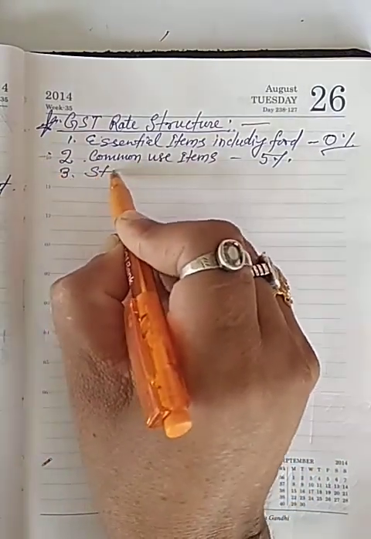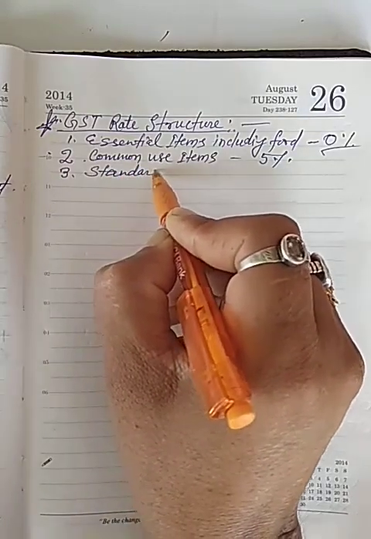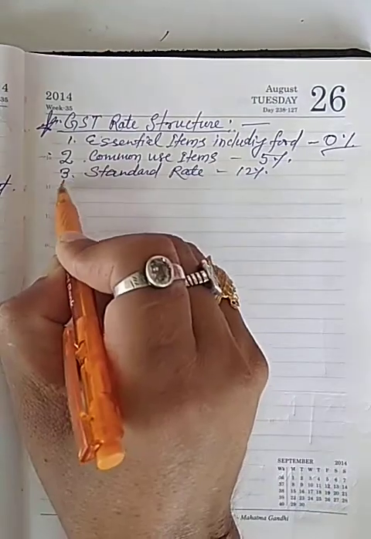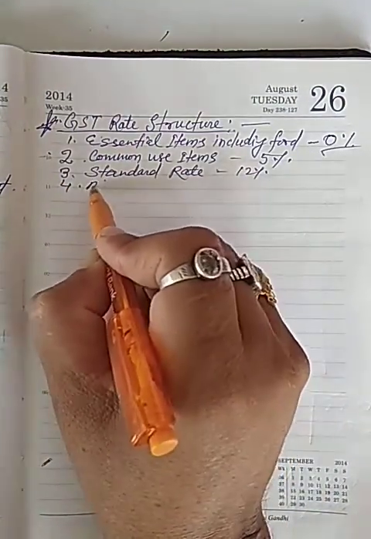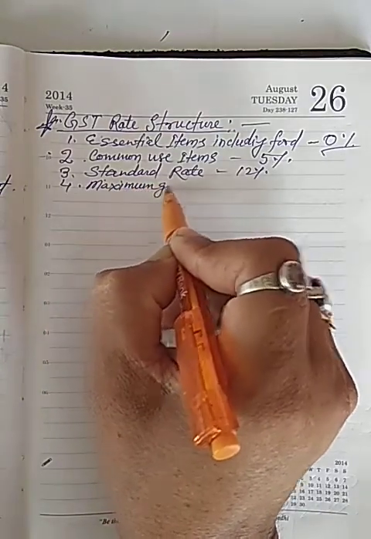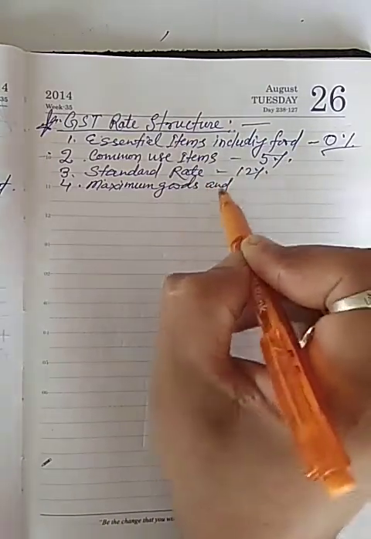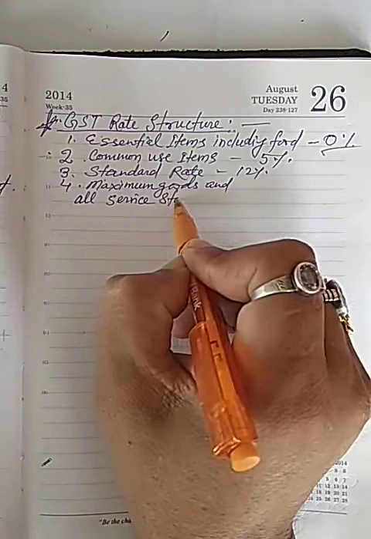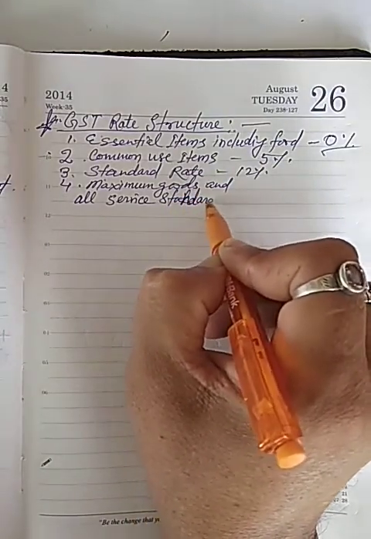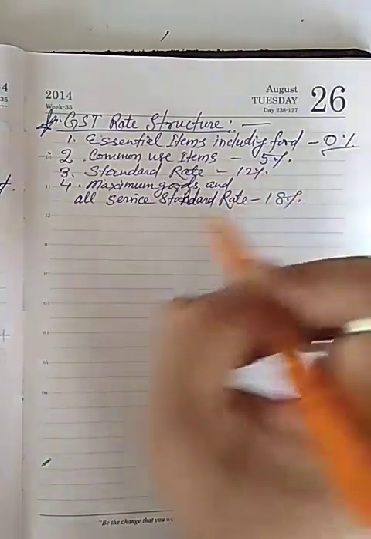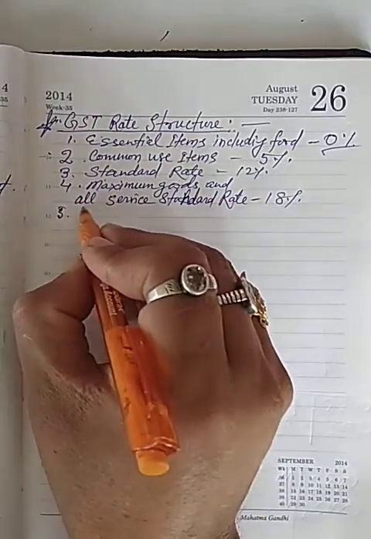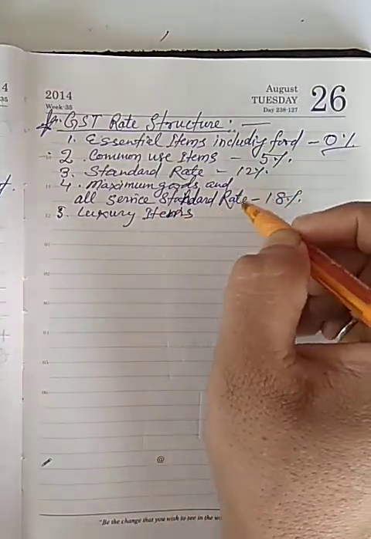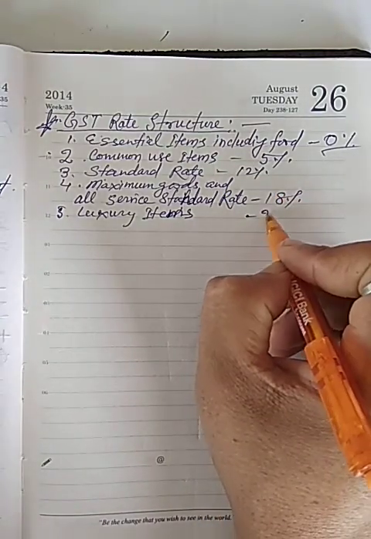Third is the standard rate, 12%. Fourth, maximum goods and all services, the standard rate is 18%, and on luxury items it is 28%.